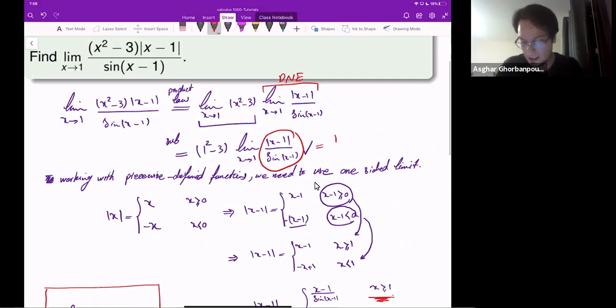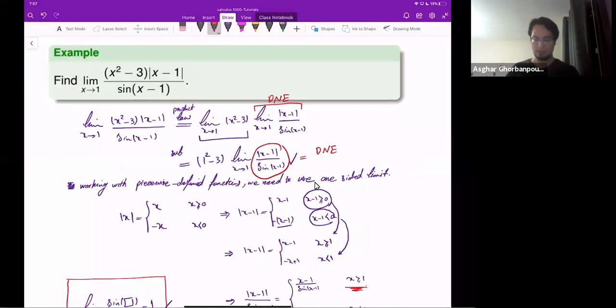So the whole thing does not exist in this case. In other words, the right limit of this would be negative 2 times 1, and the left limit would be negative 2 times minus 1, which will be 2. So that's why this limit does not exist.